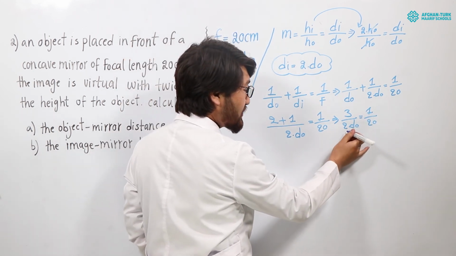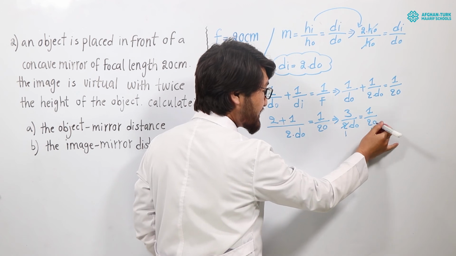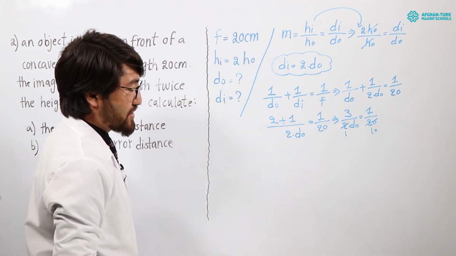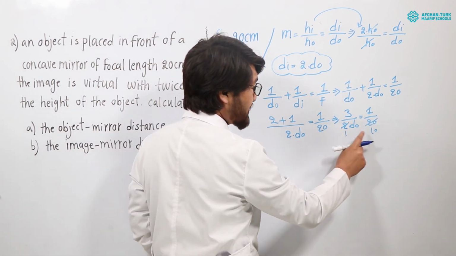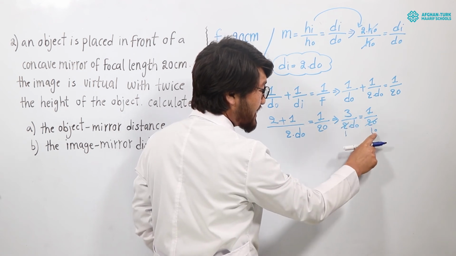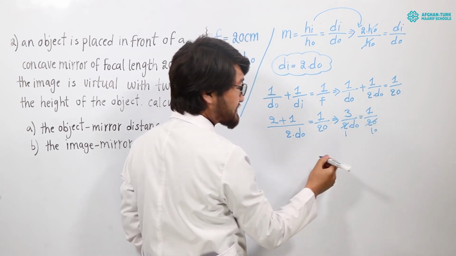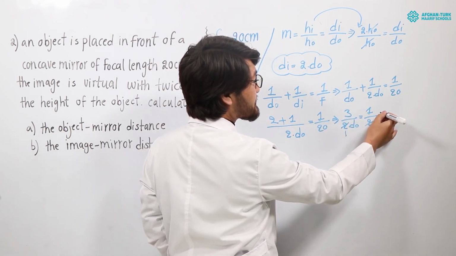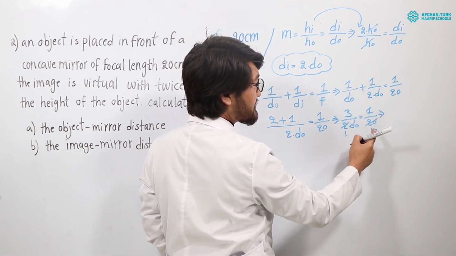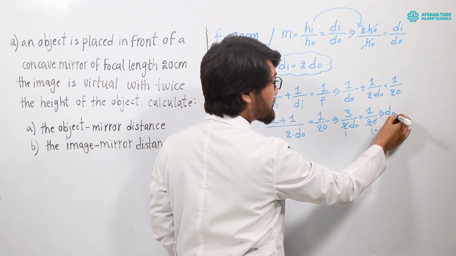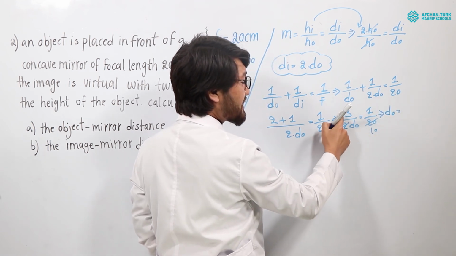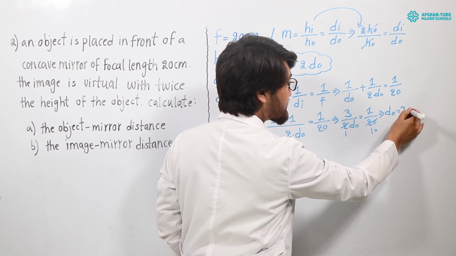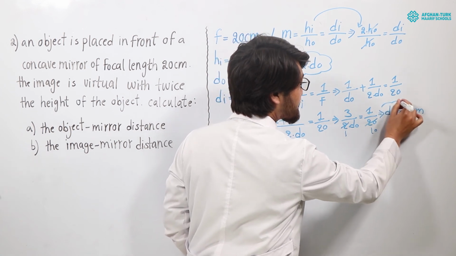Now we can cancel this. DO times 1 is DO, 10 times 3 is 30 centimeter.